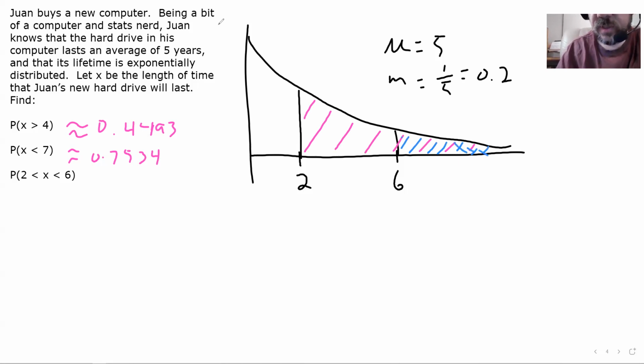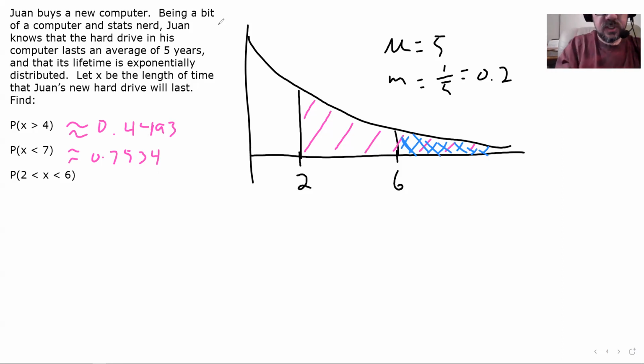I should have done it this way. By doing that, we'll be left with just the area between 2 and 6. And of course, you could do this to the left as well. We could do everything to the left of 6 and chop out the stuff to the left of 2 to be left with the things between 2 and 6. But I'm going to go right because the formula is slightly simpler, the one with no 1 minus in it.